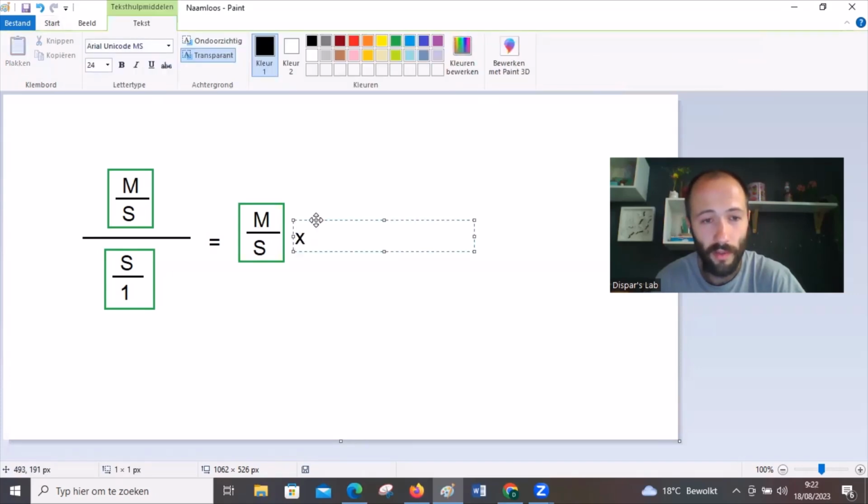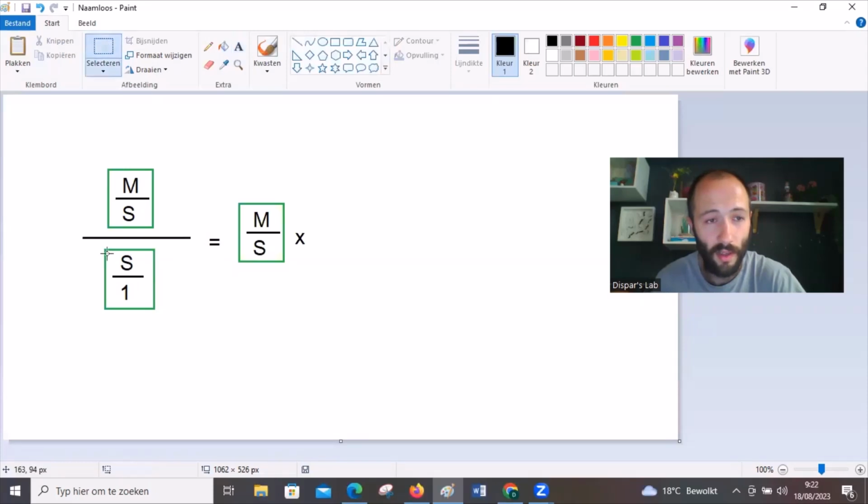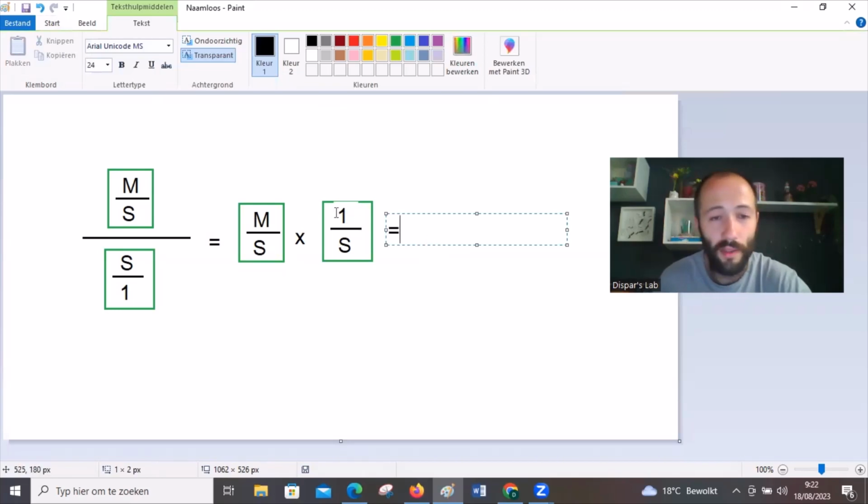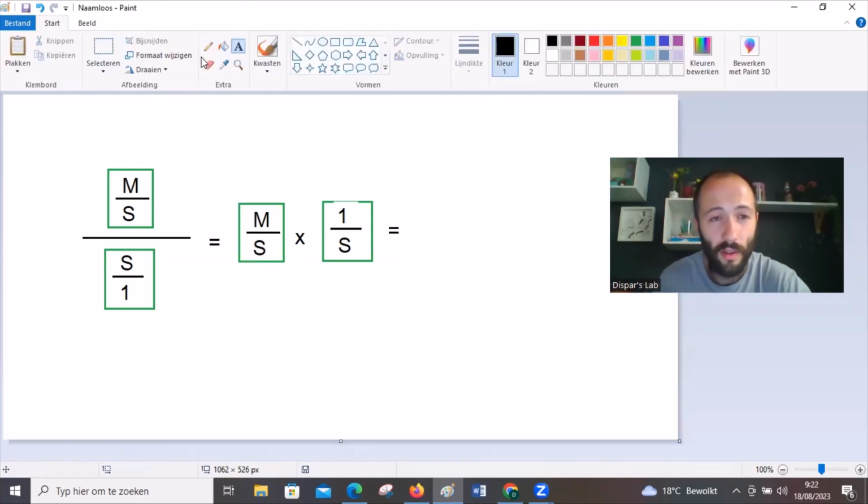So now we have meters per second times this, but flipped upside down. And then it becomes meters, and then you just multiply meters with 1 and seconds with seconds.